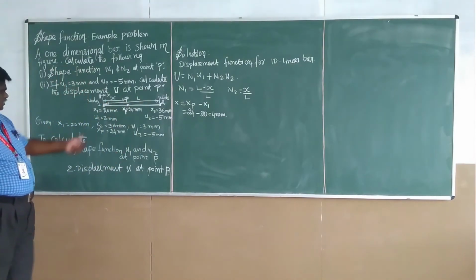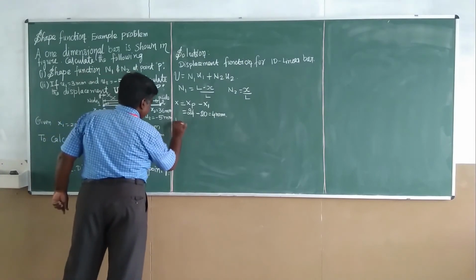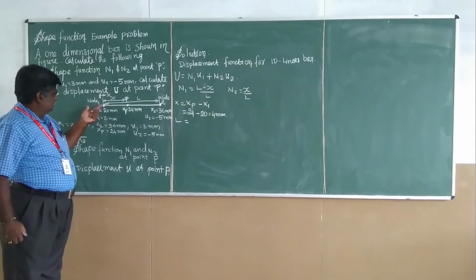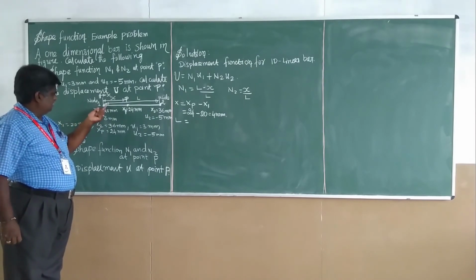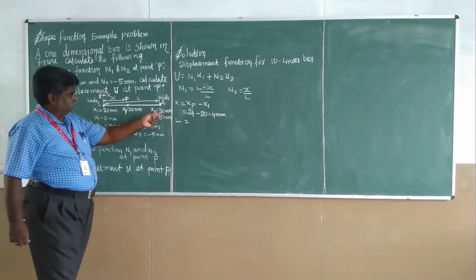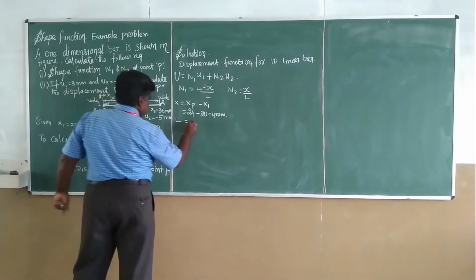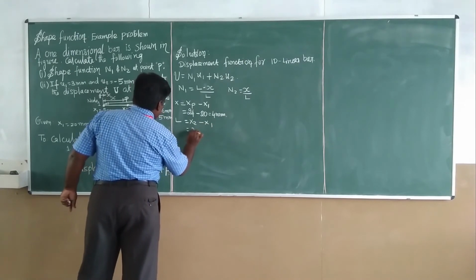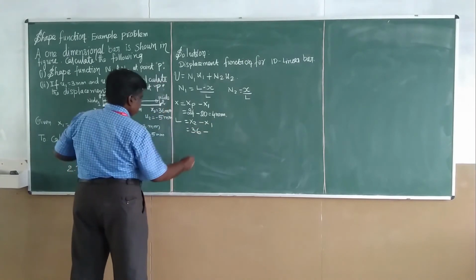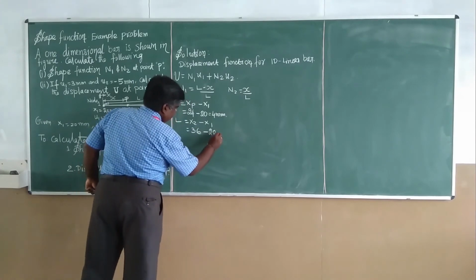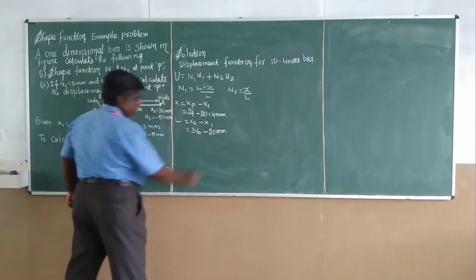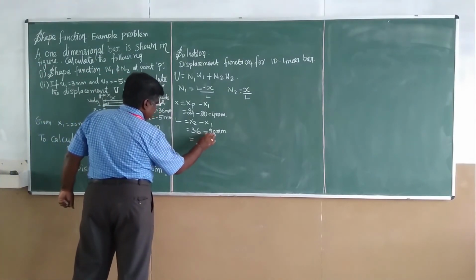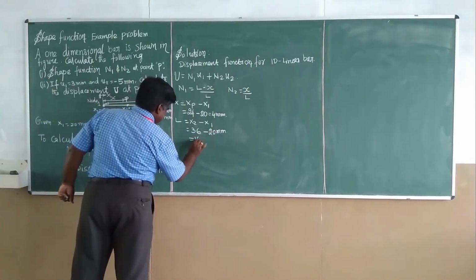L we have to calculate. The point starts from 20 mm and the ending is 36 mm, so x2 minus x1, 36 minus 20, is 16 mm.